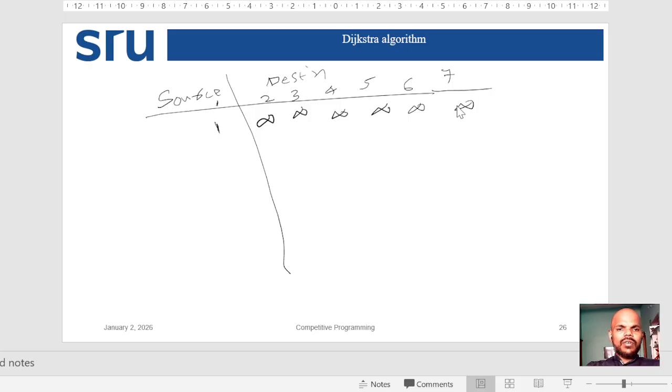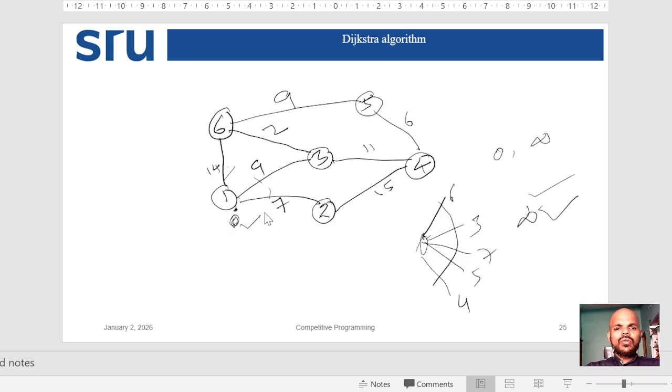Later, what I will do is, at position 1, I start exploring the connections which have an edge to vertex 1. You can see here that 1 to 2, 1 to 3, and 1 to 6 have edges. So I am assuming there are edges associated with vertex 1: 1 to 6, 1 to 3, 1 to 2.